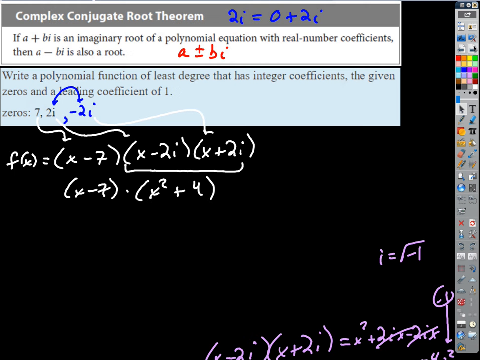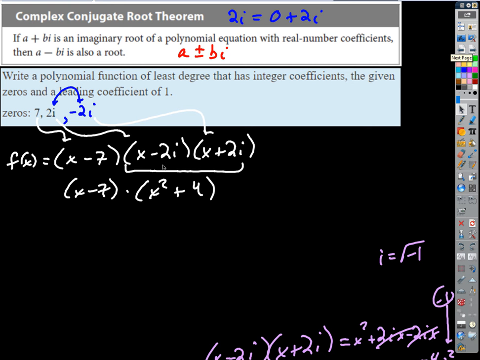Okay, where we left off, though, was with a couple of trickier problems, so we had to do a little bit of detective work here. If they gave us the two zeros, x equals 7 and x equals 2i, well, we know how to convert those into factors. If 7 is a 0, then x minus 7 is a factor. If 2i is a 0, then x minus 2i is a factor.